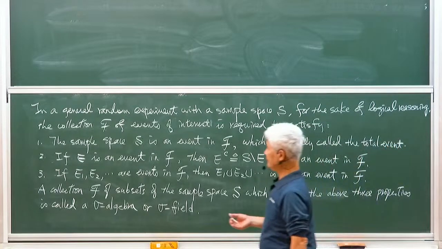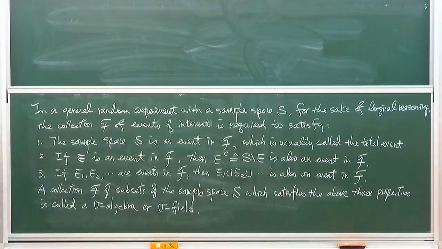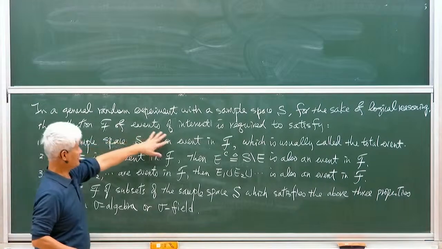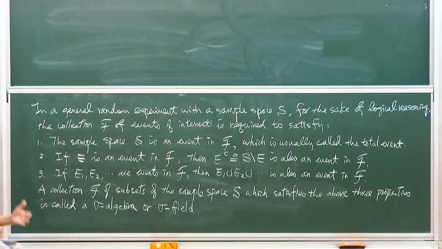Okay, and so in our work, many times we have to establish a sigma algebra for our studies. Whenever you want to establish such a collection of events of interest, a sigma algebra, how do you justify that this collection is indeed a sigma algebra? Well, you just check these three properties because these are the basic requirements. Okay, and so it gives you a very convenient tool for the justification.